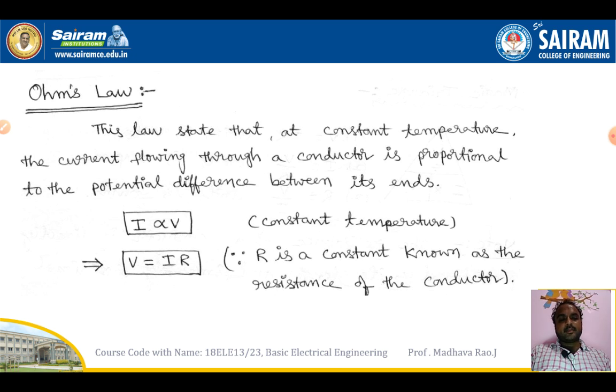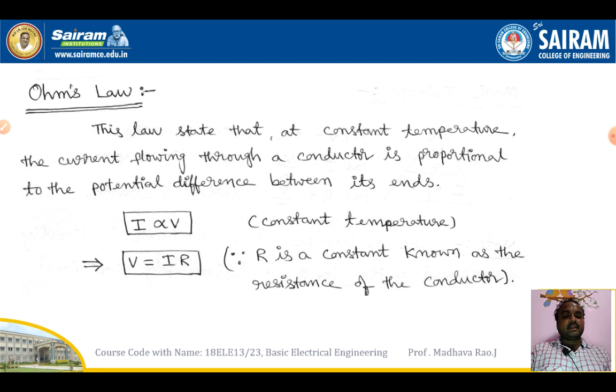Removing the proportionality constant, we can write V is equal to IR, where R is known as the resistance of the conductor. We'll see what resistance is, what the equivalent resistance is if you connect resistances in series, and in parallel. Those things we will see in the next video.